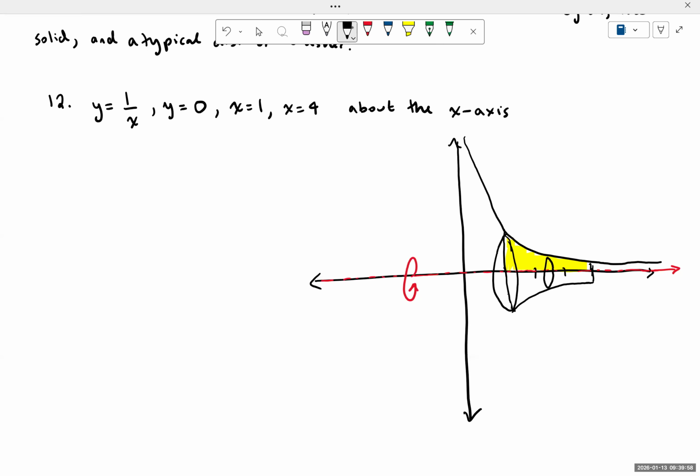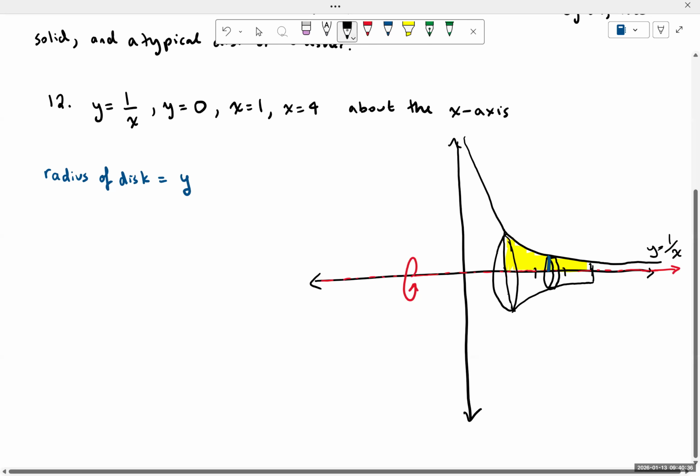And then we're going to draw the disk. The disk in this case is going to be a disk because I don't have a hole. It's going to be here. Now, the radius of the disk is right there. You can see that the radius of the disk is just the y coordinate of the curve, and the curve was y equals 1 over x.